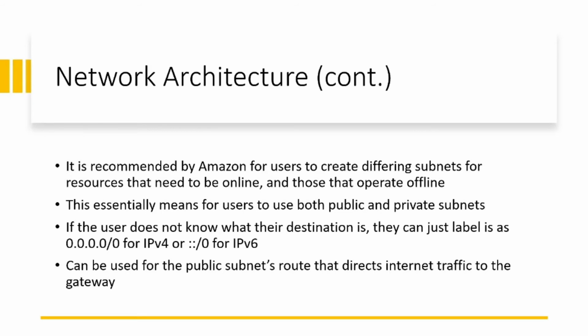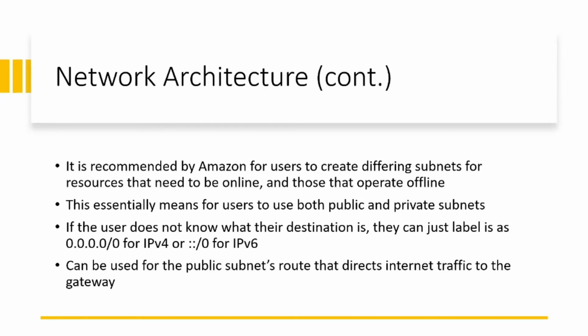Because part of your network is going to be public facing and online, and you don't want that to mix with data that's usually going to be offline, right? Because you don't want that data to be out there on the internet if it doesn't have to. So then you make another one, a private subnet for the data that is on the offline side. And then you create a NAT in the middle for them to communicate.